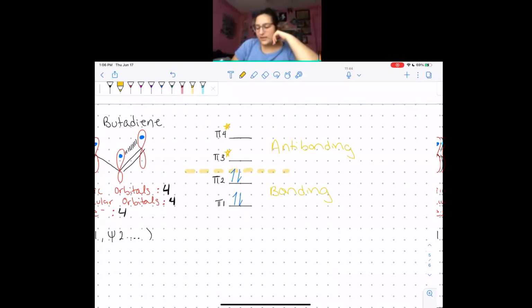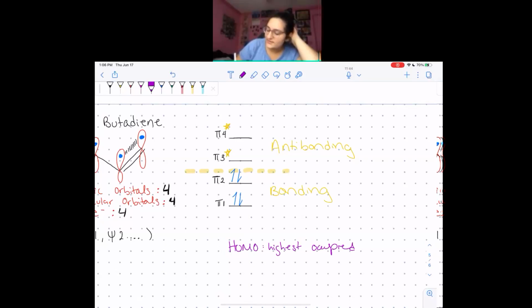Okay, so we're going to go one more step, and we're going to name something called the HOMO and the LUMO orbitals. And I'm going to write down here, I will make these in purple because I like purple. So the HOMO is the highest occupied molecular orbital.